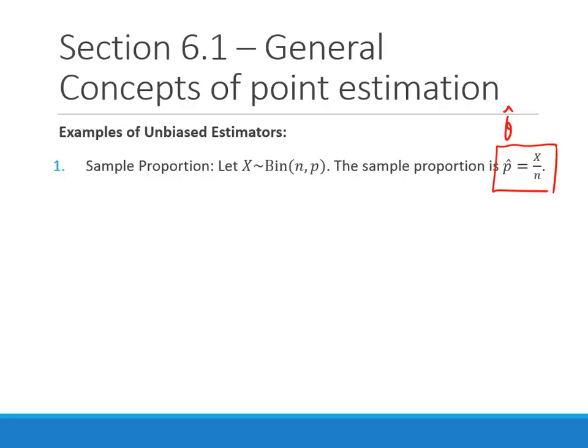I want to estimate p, which I don't know. So I'm trying to estimate the true proportion for this binomial random variable. And again, the natural idea is to use the sample proportion.